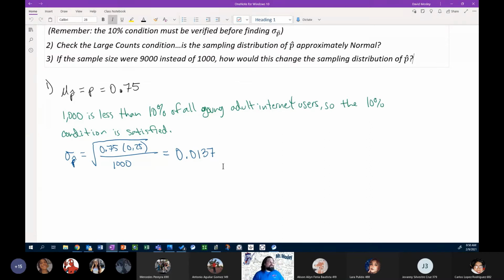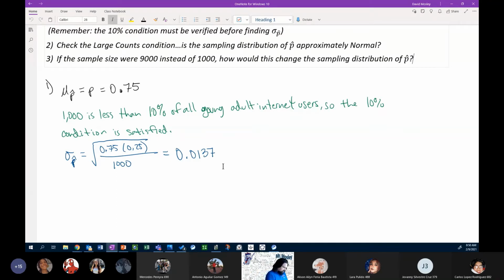Now we have our mean and standard deviation. Essentially, about 75% of the young adult internet users watch videos, and we will typically have a variance of about 0.0137 from the mean for these randomly selected users.